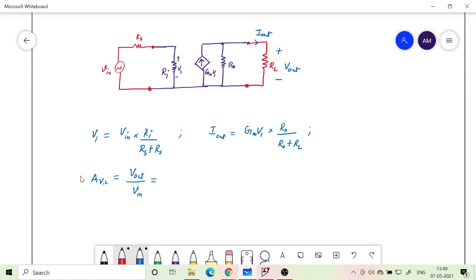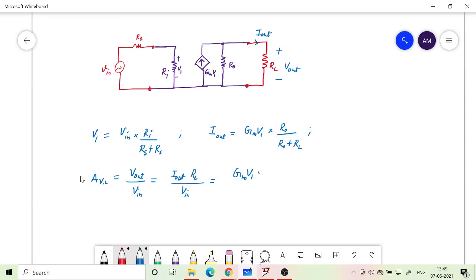Output voltage is basically I out into RL, divided by V in. Okay. Now what is I out? I have the expression here already above.